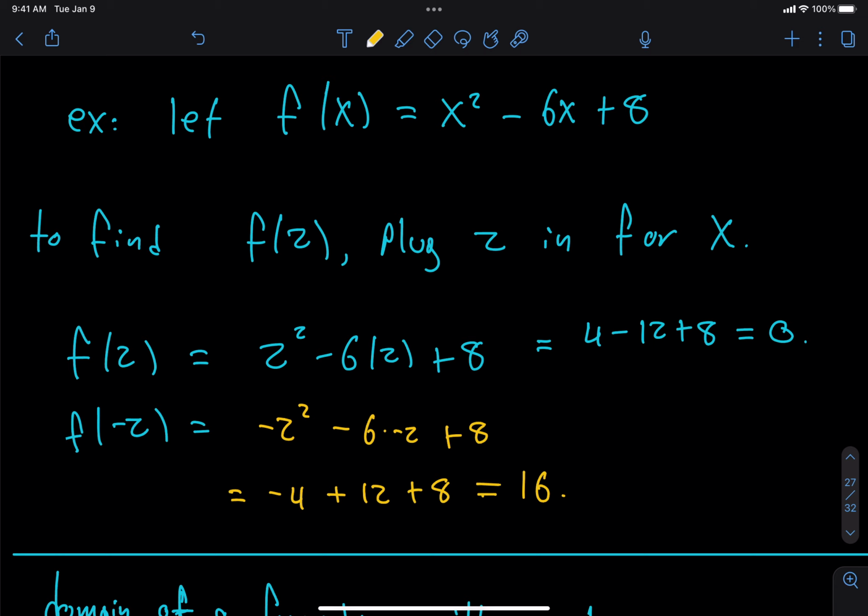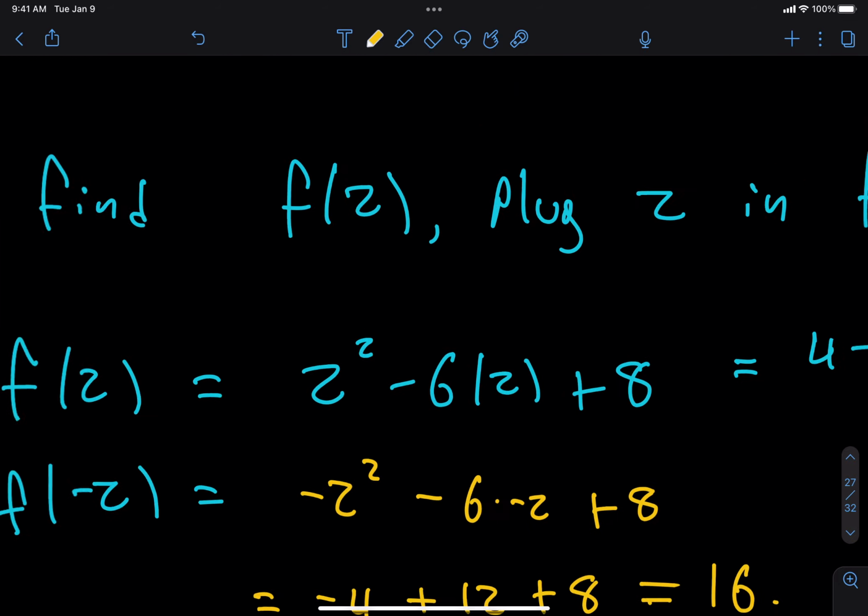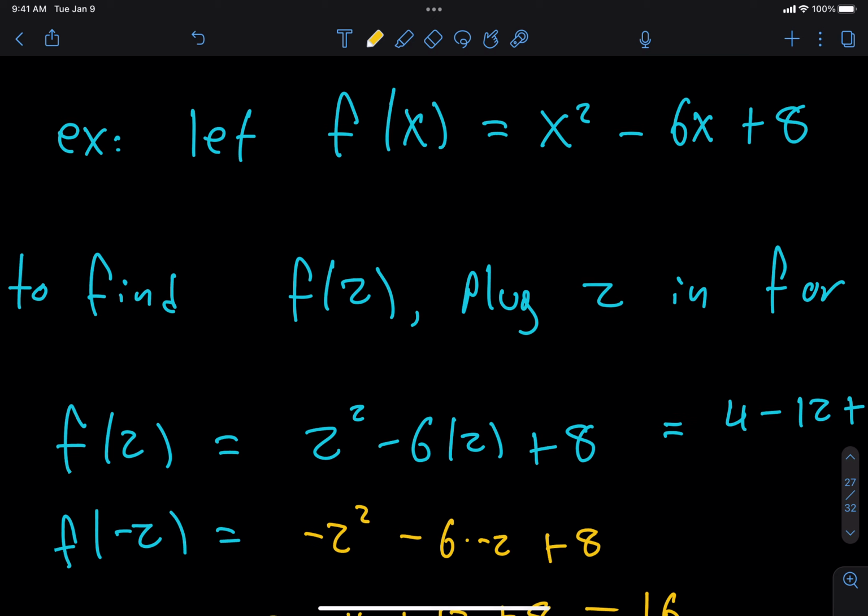Does everyone see where the mistake was? I'm seeing a lot of nodding. Where was my mistake? In the square. The problem is I wrote it down a little bit incorrectly. What I'm supposed to do is plug in negative 2 for x.